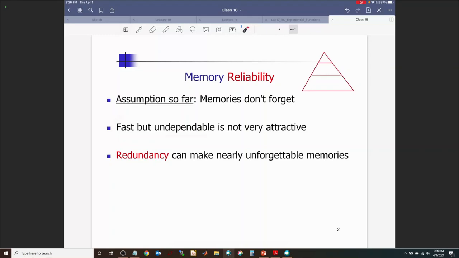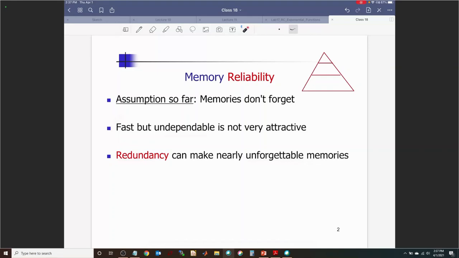Now, how do we build reliability in our memories? Well, we are going to use some redundant bits. We are going to leverage redundancy to make nearly unforgettable memories. So the whole idea of this lecture is: while writing and then reading the memory location, can we detect some errors?